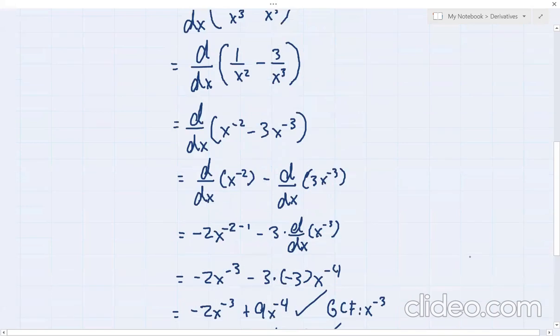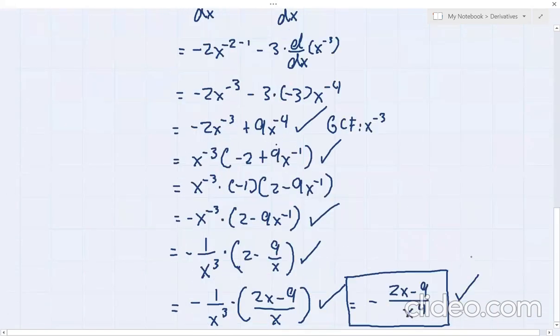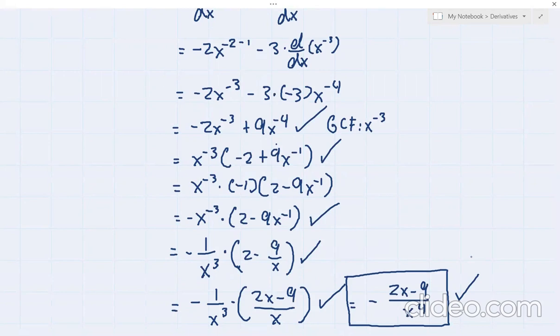So you see my point here? So meaning there are rational expression na pwede pala siyang gamitin ng sum and difference rule of differentiation. And remember, basics pa lang ito. Okay? Kasi in the future, kapag may nakita kang ganito, there are some other rules of differentiation na pwede mong gamitin.